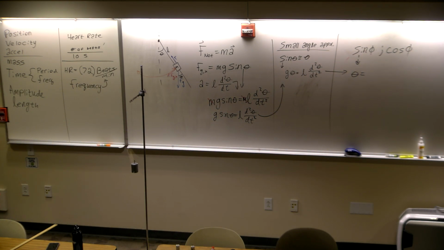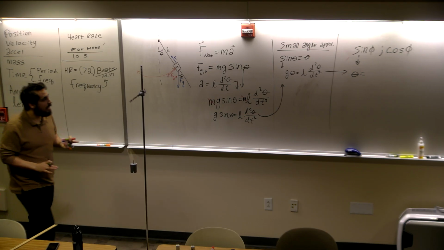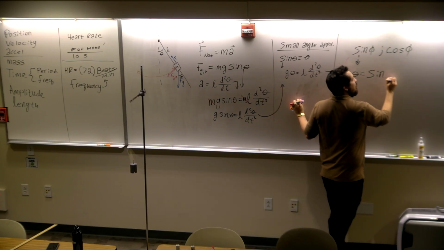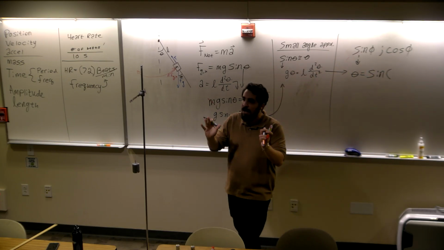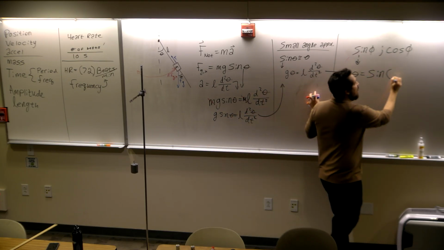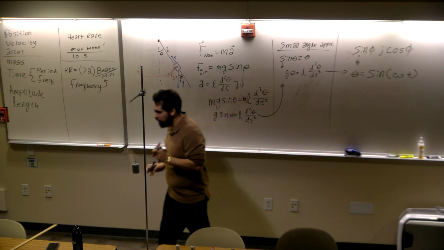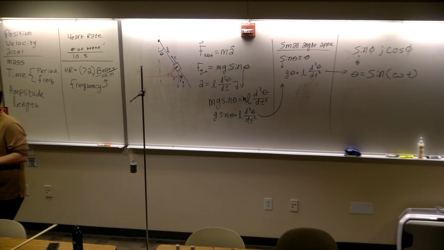I should have probably used a different value, phi, because I'm using theta elsewhere. In any case, we have theta being equal to sine of some value that changes over time. I'm going to use the Greek symbol omega times t. We say this must be the solution that solves this problem.